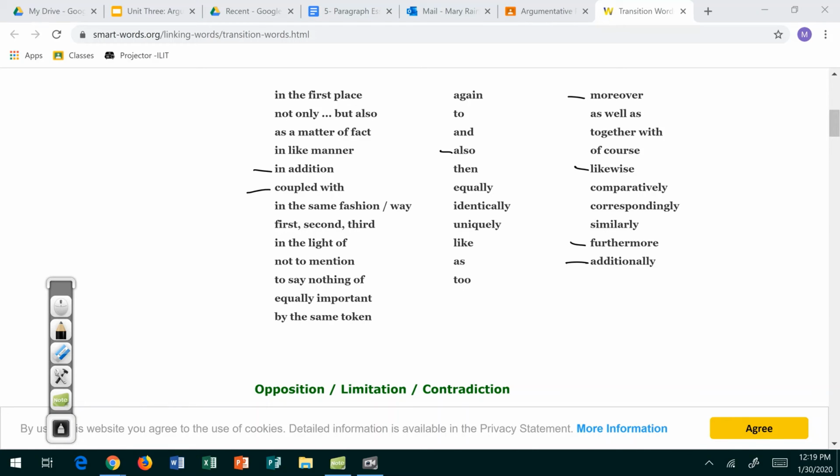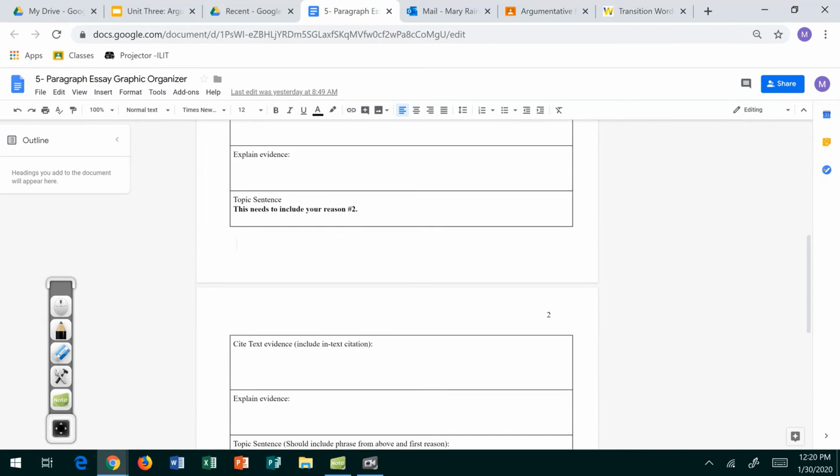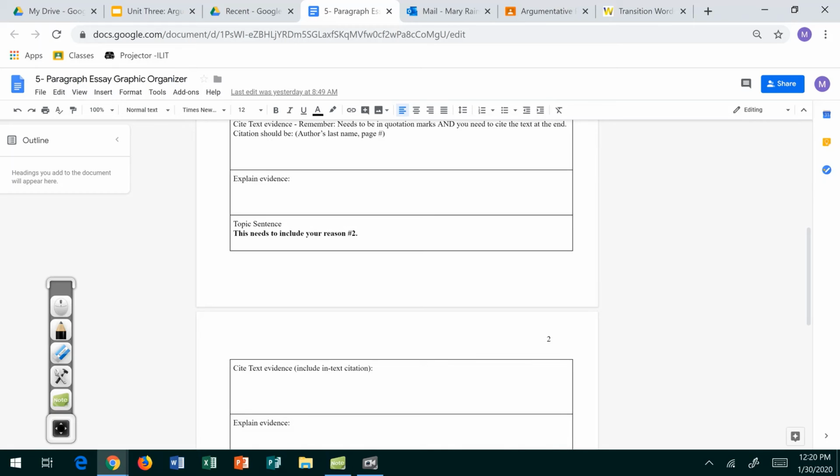Because you will need them for your next 2 paragraphs. So the first one that you had in your mind is going to go in the topic sentence or the transition sentence, whichever one is on your paper right now. Let's see if I can do this.